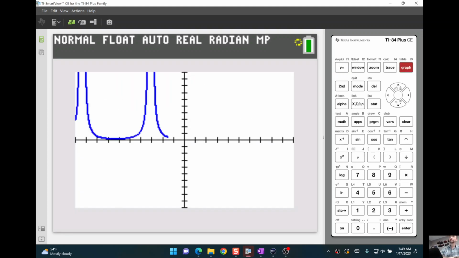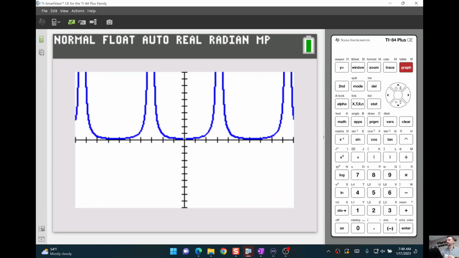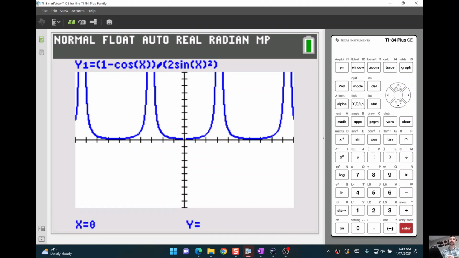So if I graph this, again, I don't really care what's going on with this graph, except for what y value it is approaching as x approaches 0. So if you go to 0, it's not going to exist. We're not trying to get a point here. That's not what a limit's about. It doesn't care that x equals 0 doesn't exist.